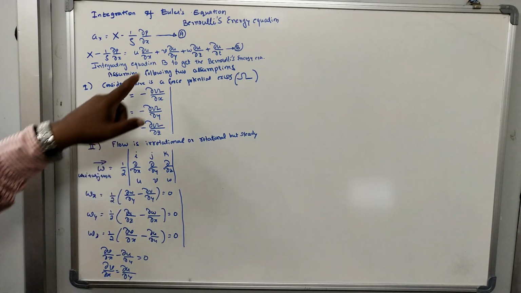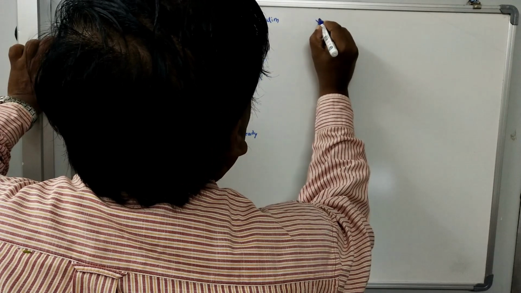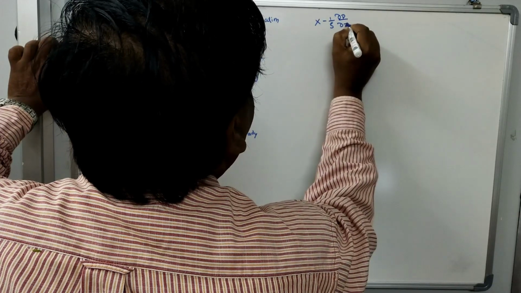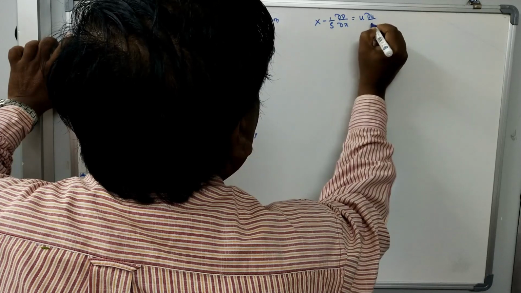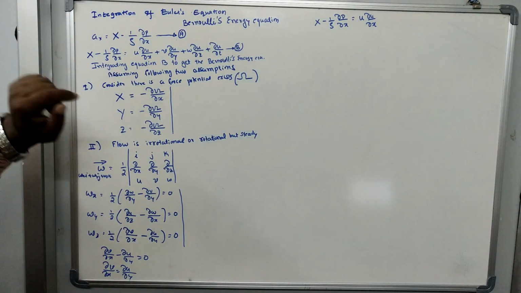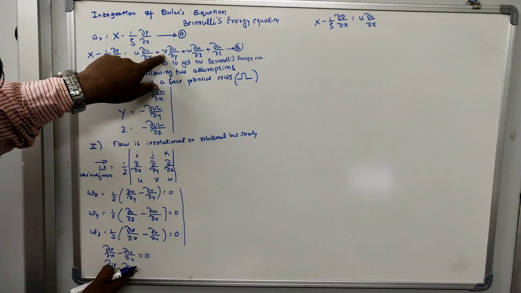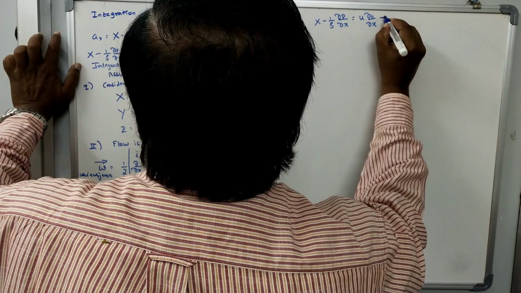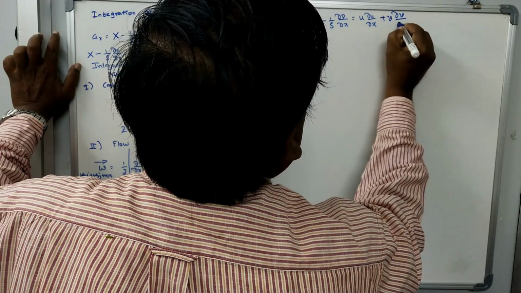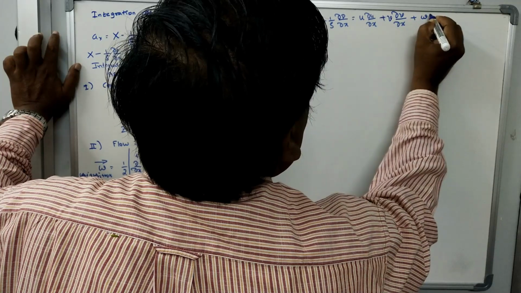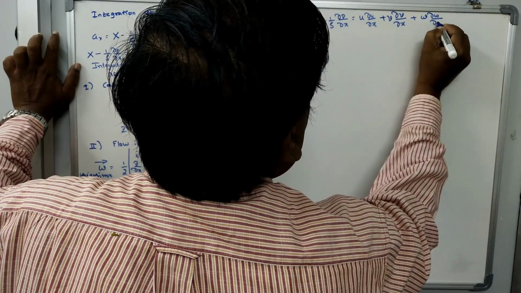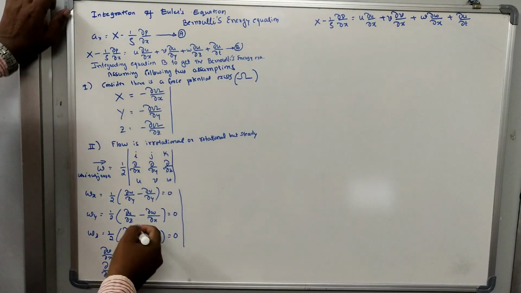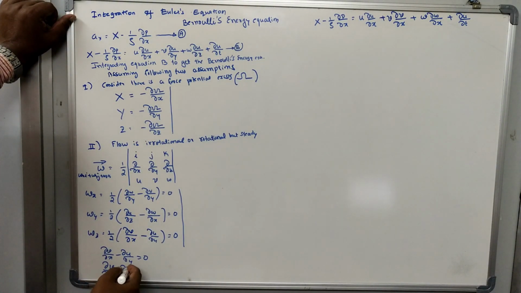Now in this equation, that is X minus 1 by rho ∂p/∂x equals u ∂u/∂x plus v ∂u/∂y, I can also write ∂v/∂x, plus w ∂w/∂x plus ∂u/∂t. So from this you are getting ∂v/∂x equal to ∂u/∂y.